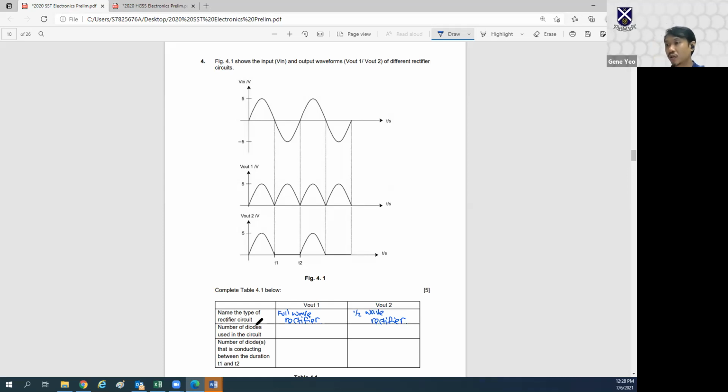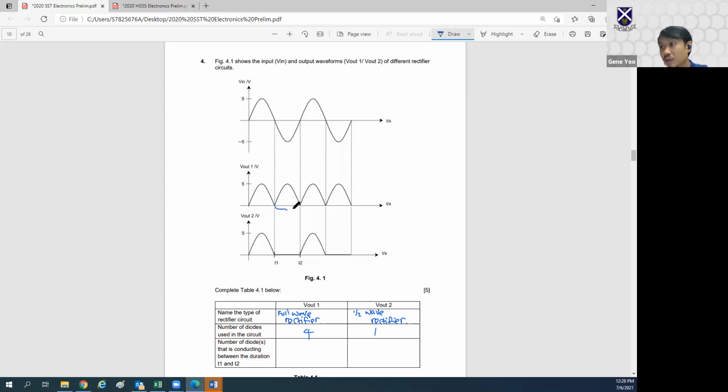Number of diodes used in the circuit: you have to remember the circuit diagram. If you can't, this is where you need to look back in the textbook to revise. A full wave rectifier uses 4 diodes, and a half wave just uses 1. Between duration T1 and T2, how many diodes are actually conducting?